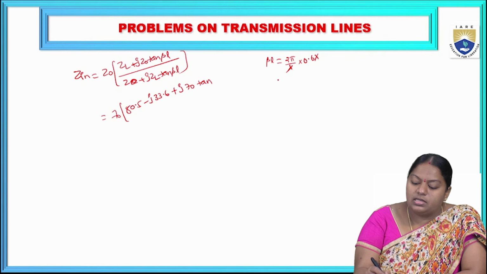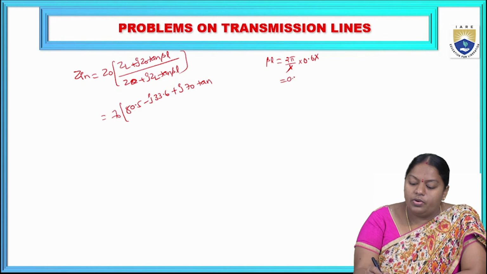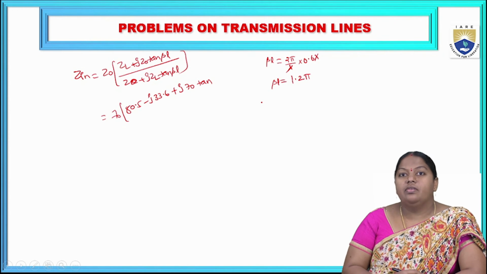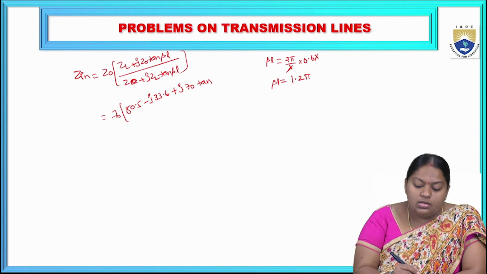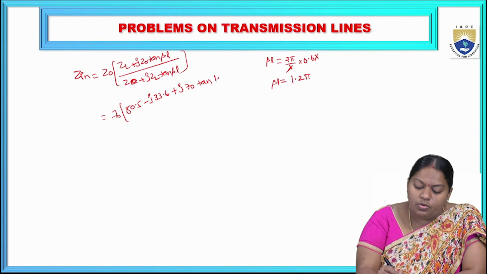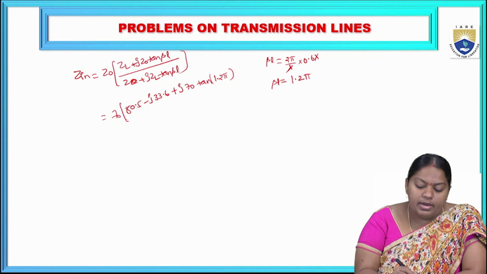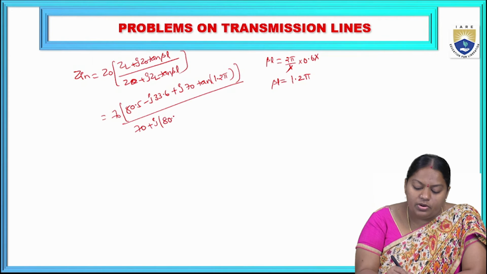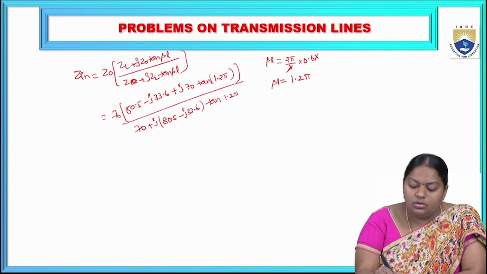This lambda gets cancelled, which gives 1.2 pi as the value of beta L. So for tan beta L, 1.2 pi is substituted in place of beta L. In the denominator, Z0 means again 70 plus j into ZL, which is 80.5 minus j33.6, into tan of 1.2 pi.